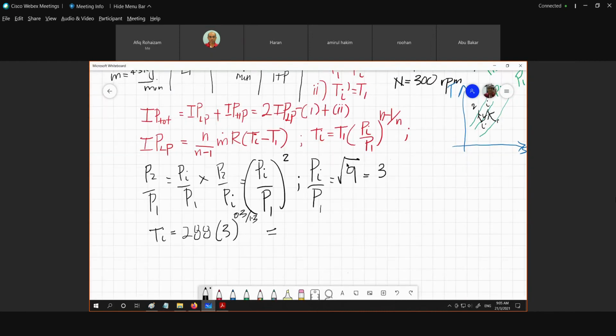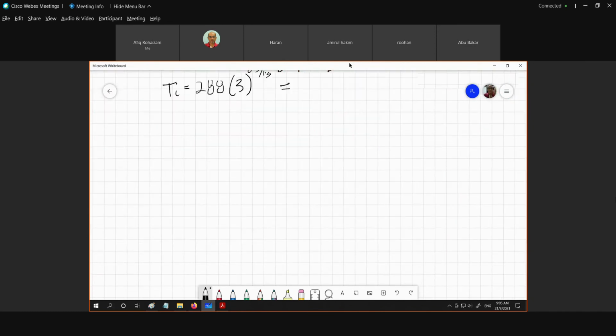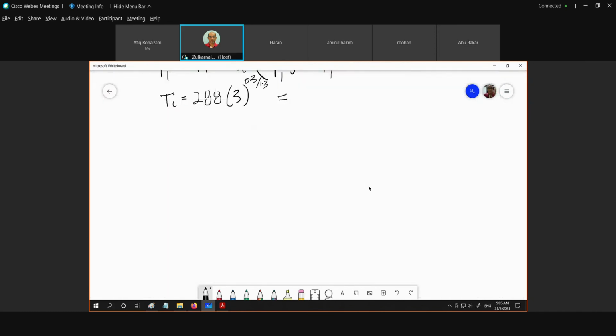For the VS for the first stage, apa kita buat di sini adalah VS untuk first stage dengan VS untuk second stage dia tak sama. Selalunya yang first stage punya VS besar daripada yang second stage. So kita kena buat individually. And this is 371.1. Okay. And then the IP is solved. You get your IP 15.5 kilowatt.